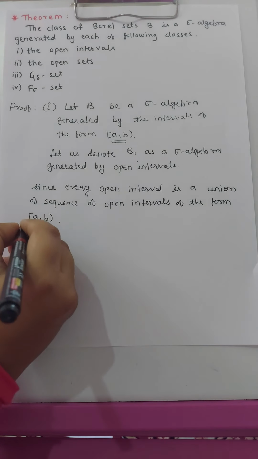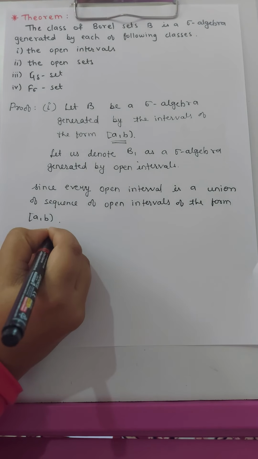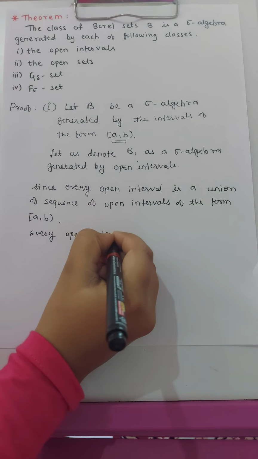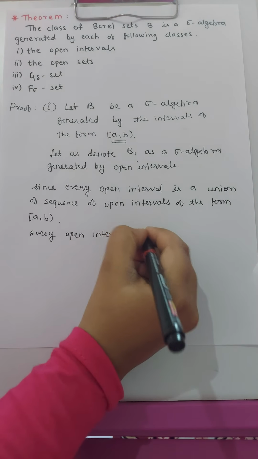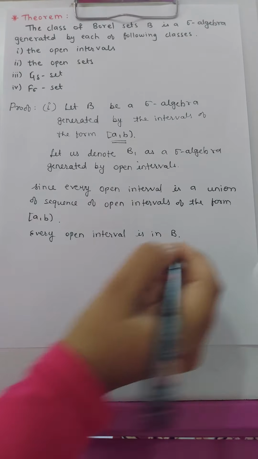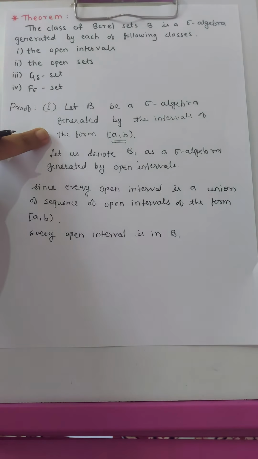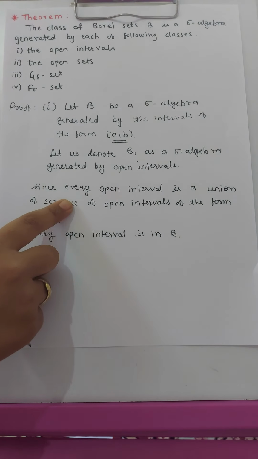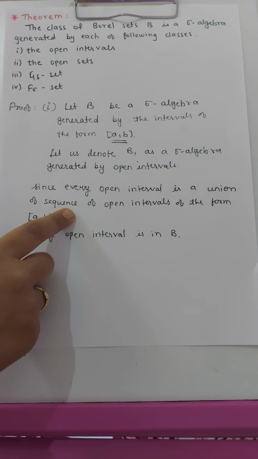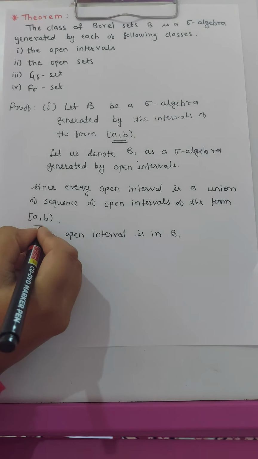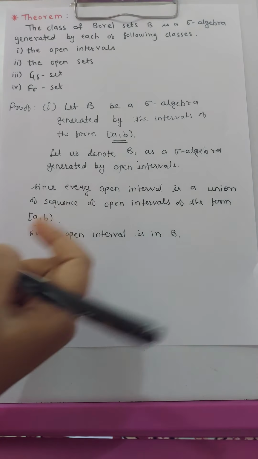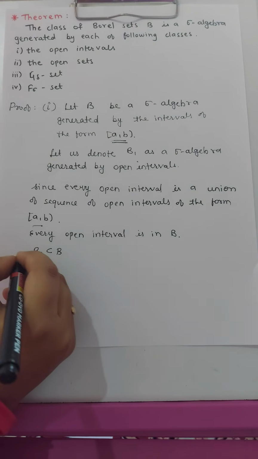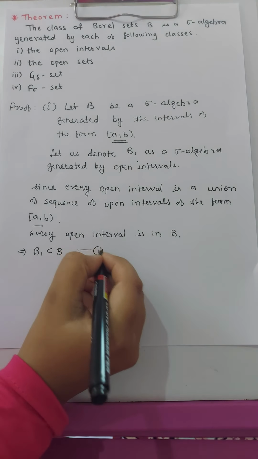Now every open interval is in B, because B is a sigma algebra generated by intervals of this type, and every open interval is a union of a sequence of intervals of this form. Therefore every open interval will be in B, that is B1 is a subset of B. Let it be number 1.